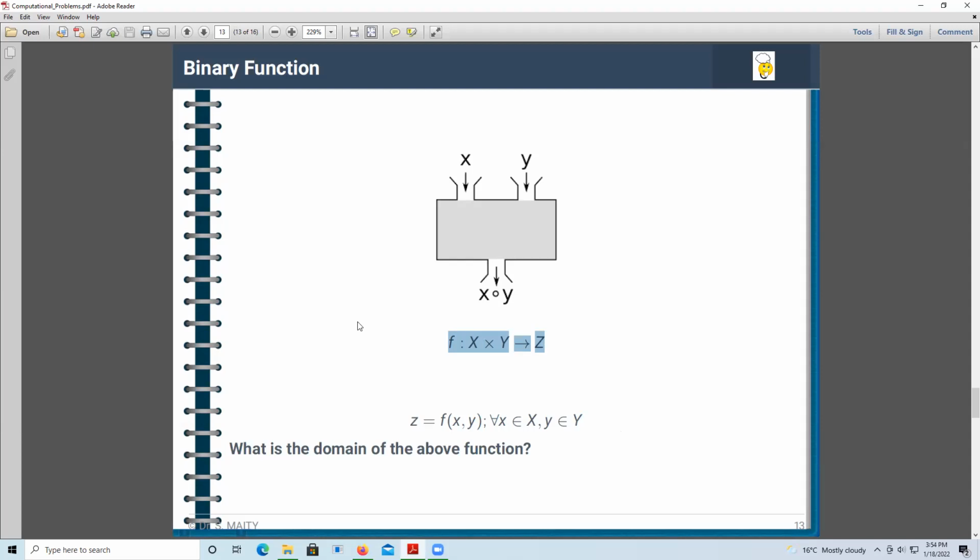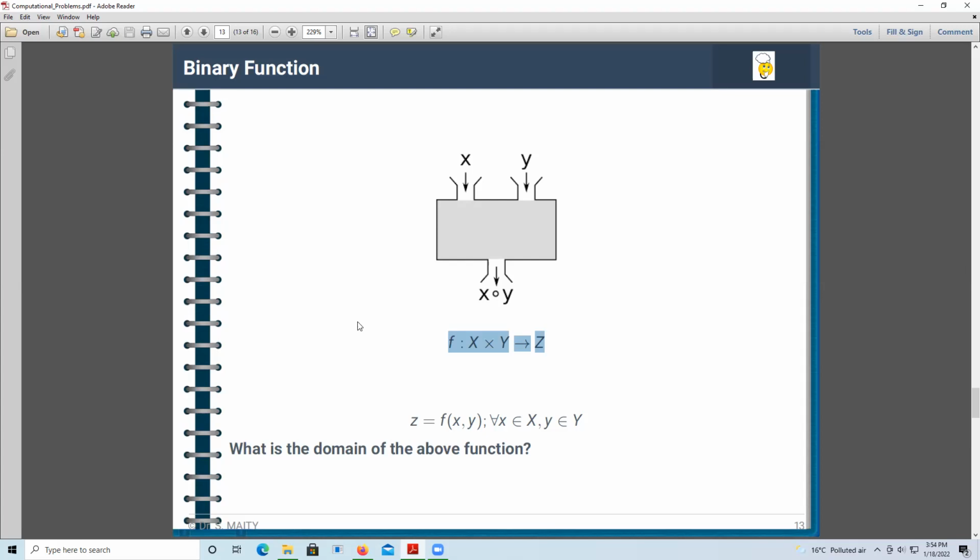I want a more mathematical answer. Set x will be the domain. Then there are all the possible outcomes of x operator y.